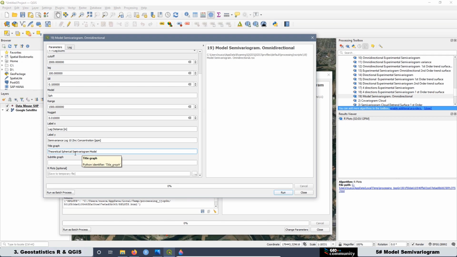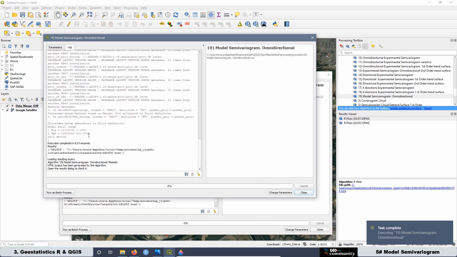Later we are going to start to work with the script to plot the theoretical semivariogram model on the data. As you are going to see, with this script, the theoretical semivariogram model is going to fit on the data automatically. The only thing that we have to provide to the script is the approximated values of the partial sill, the nugget, and the range.